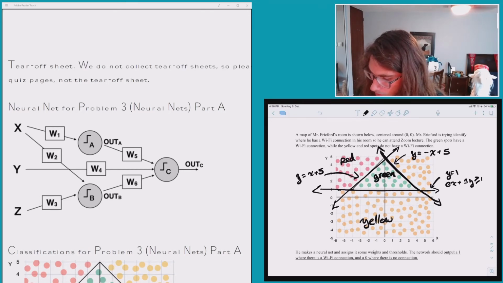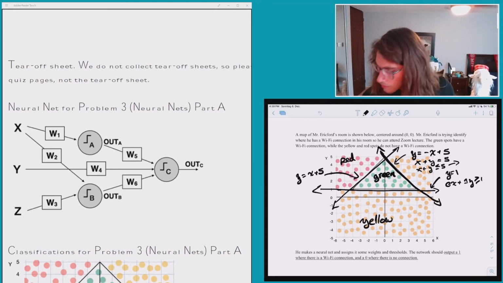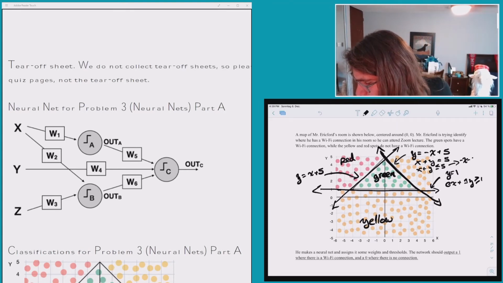Now thinking about the rightmost line, y equals negative x plus 5, I can rewrite it as x plus y is equal to 5, and I want everything that is below and behind the line. So this is x plus y is less than or equal to 5. And because we're dealing with thresholds that are greater than or equal to, I'm going to rescale by -1 so that I flip the inequality. Negative x minus y is greater than or equal to -5.